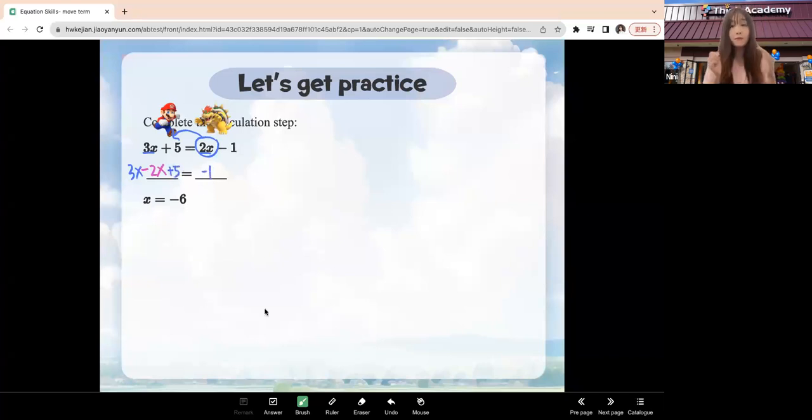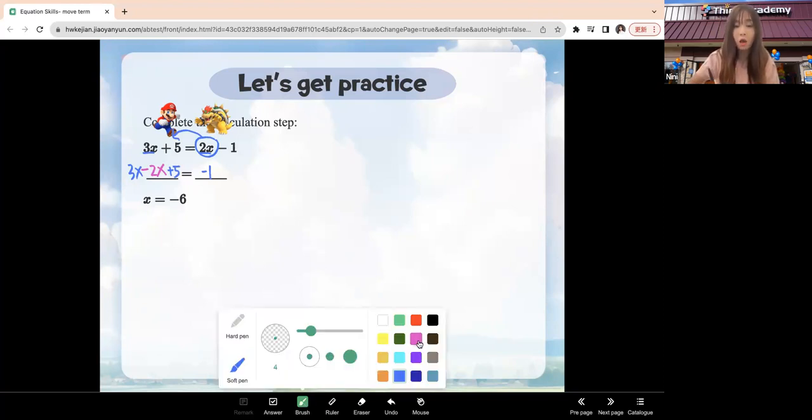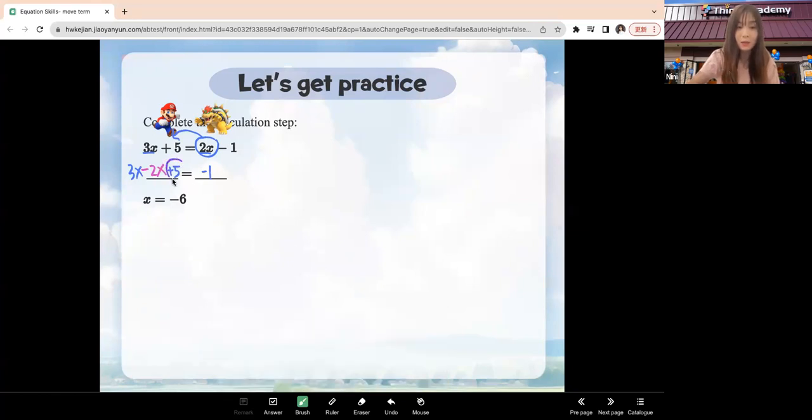Okay, guys, before we move on to the last step, is there any term you also think we need to move around? Very good. You see that on the left side is not a variable itself. It has a +5 here. So actually +5 needs to move to the other side. And that will become what?